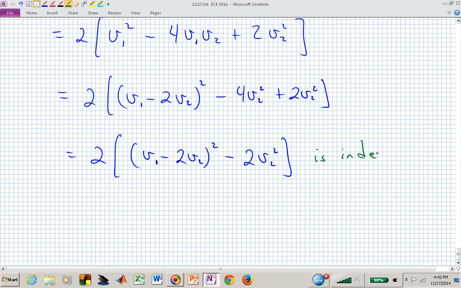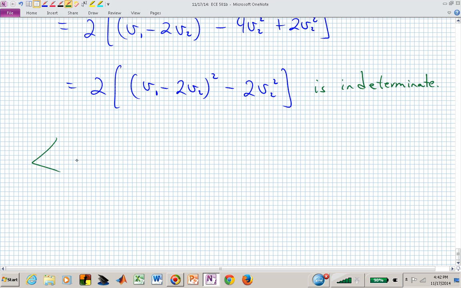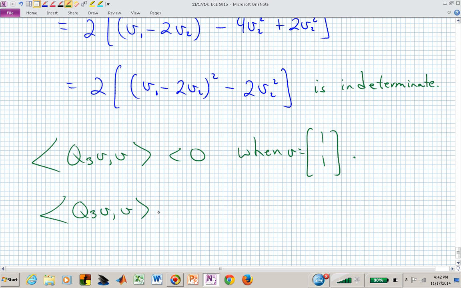And unfortunately, that's not determinate, is it? It's indeterminate. I can make this basically anything I want by the appropriate choice of v1 and v2. Where Q sub 3 v, v, I could make that less than 0 for the choice of v equaling 1, 1. Or I could make Q sub 3 v, v positive when v is 1, 0.